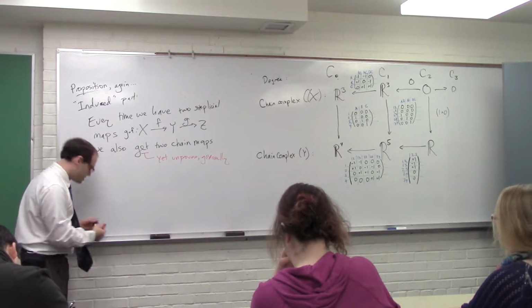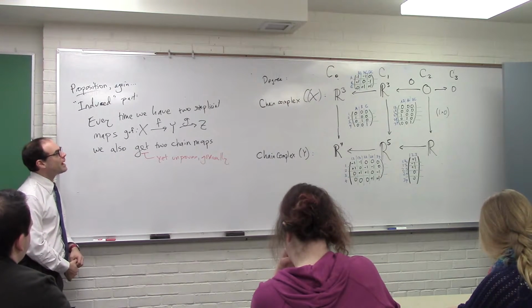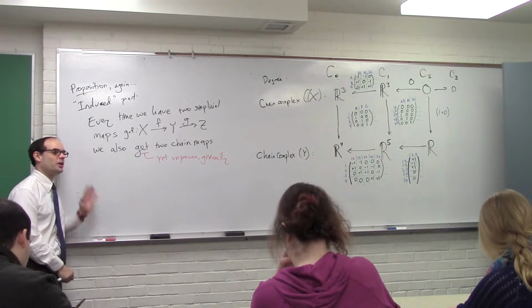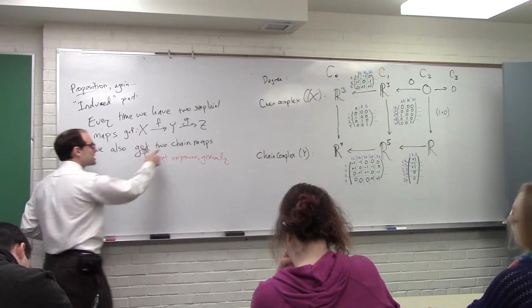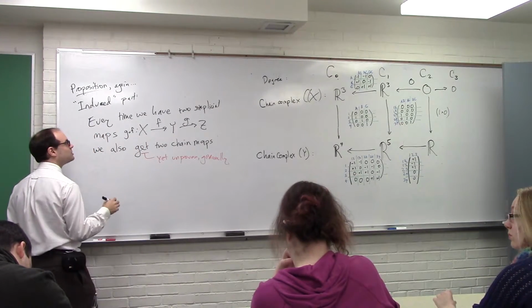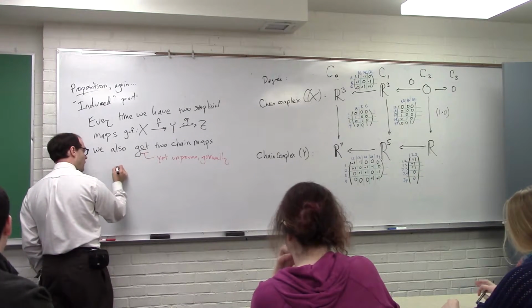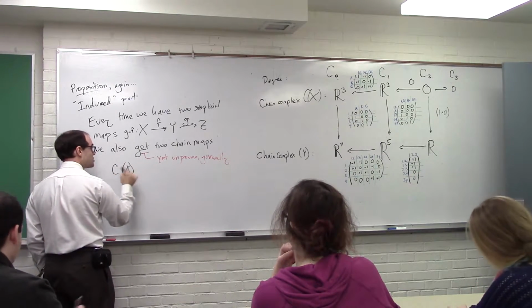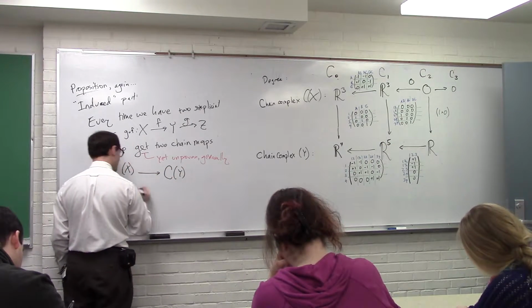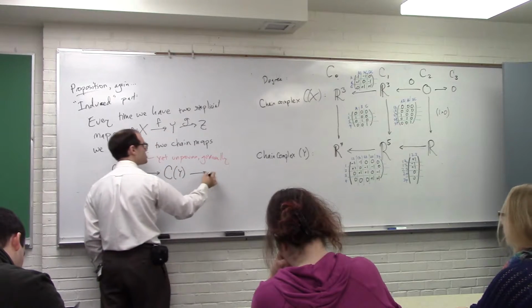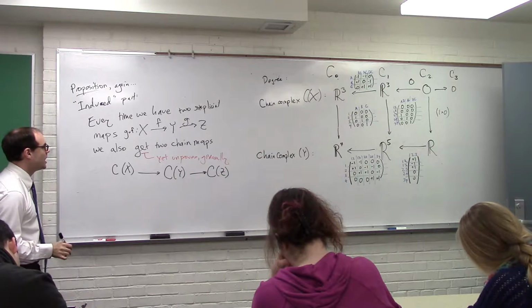But what I want to do is, you could literally take this and map to some random chain map and say, well, there we go. But it doesn't do anything nice. What we want is to get these two chain maps that respect that composition. So I'm going to get two chain maps: the chain associated with x to the chain associated with y, and the chain associated with y to the chain associated with z.